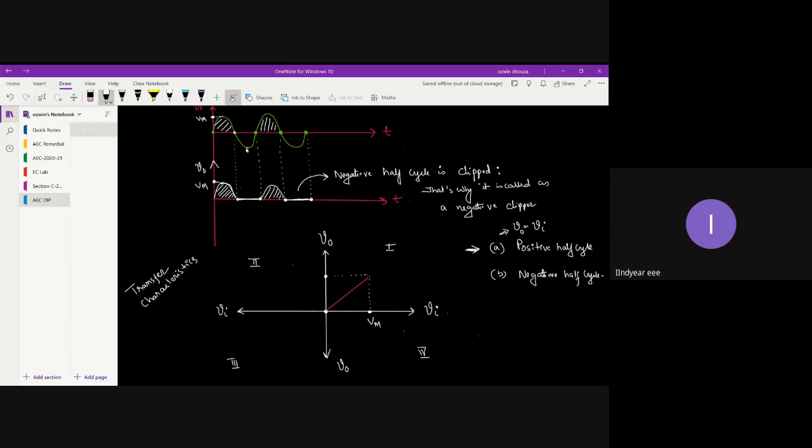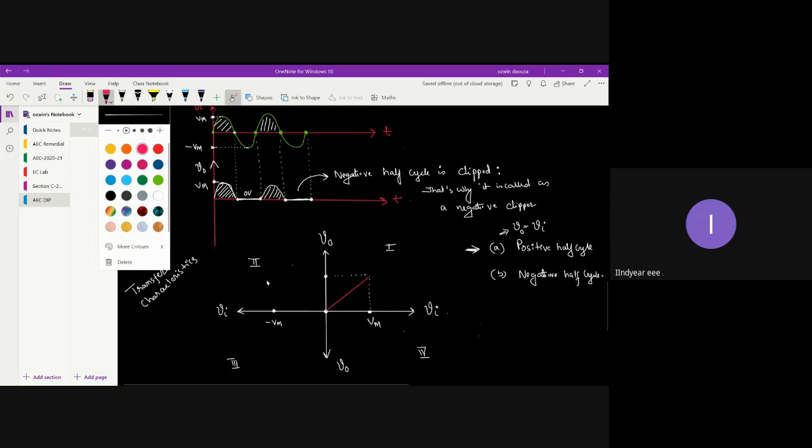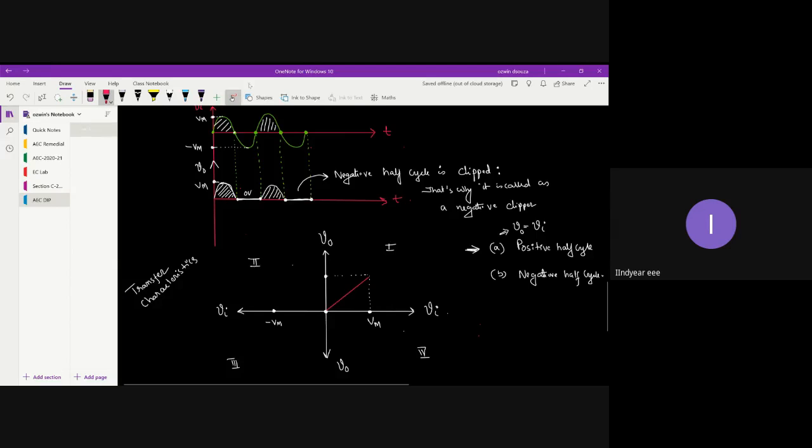But when your input attains the value minus Vm, what happens to the output? Output will be at 0 volt level. That means even when your input attains a negative value, the output remains 0. So the line is parallel to the x-axis and basically it overlaps. So this is your transfer characteristics for a half wave rectifier circuit.